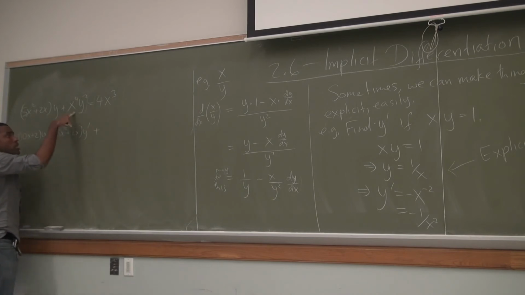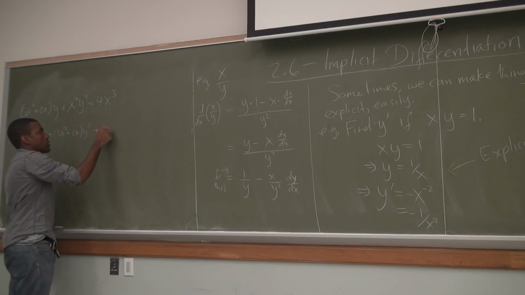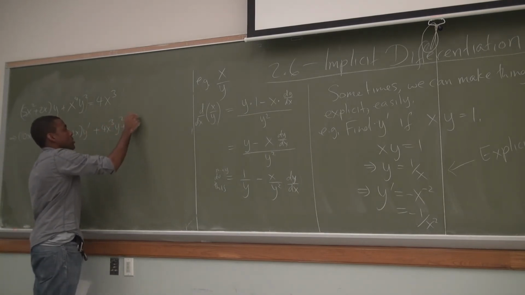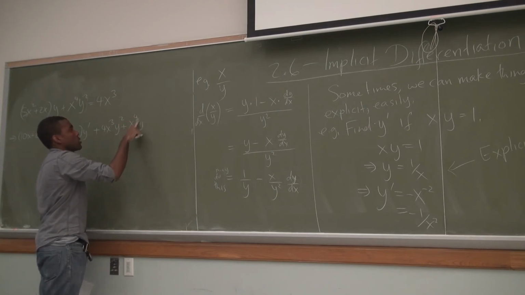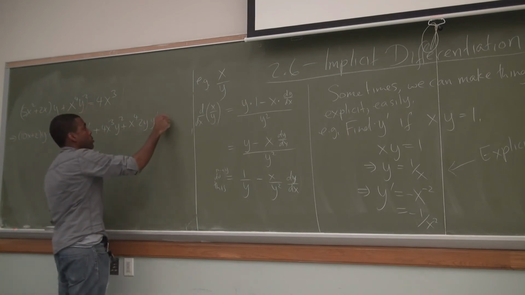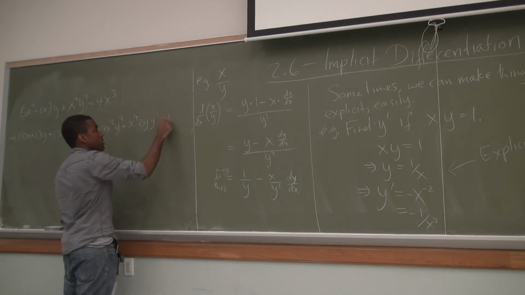Plus, what about here? 4x cubed y squared, plus... no, 2y y prime, right? Yeah. Differentiate that. Equals the derivative of this: 12x squared.